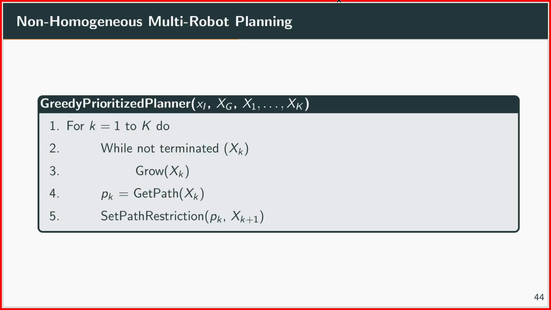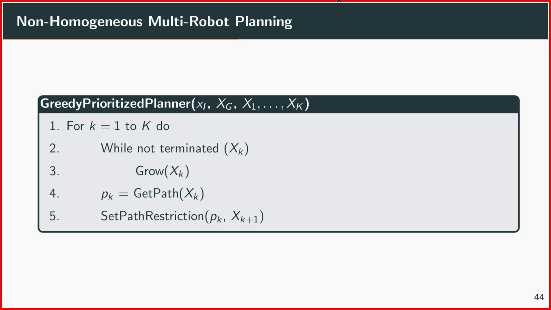Right, and so one way you could plan with that, in a classical setting, if you have just paths, you would take as input a start configuration, and also x1 to xk, which are just the spaces for one robot, for two robots, up until k robots.